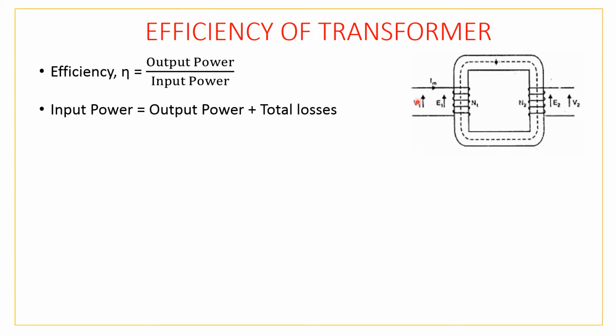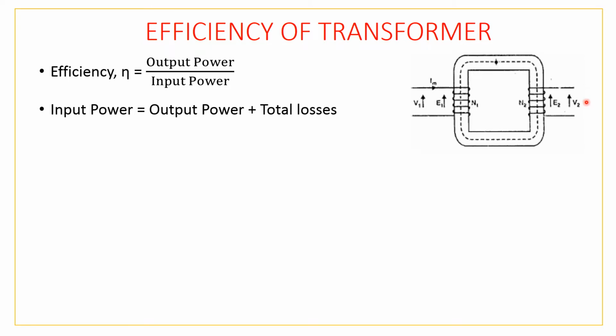Whenever I give certain input power to the transformer, losses will occur in the core, which is known as core loss, and losses will occur in the windings, which is known as copper loss, right? So input power will be accounted for certain losses in core and windings, then finally I will get the output power.